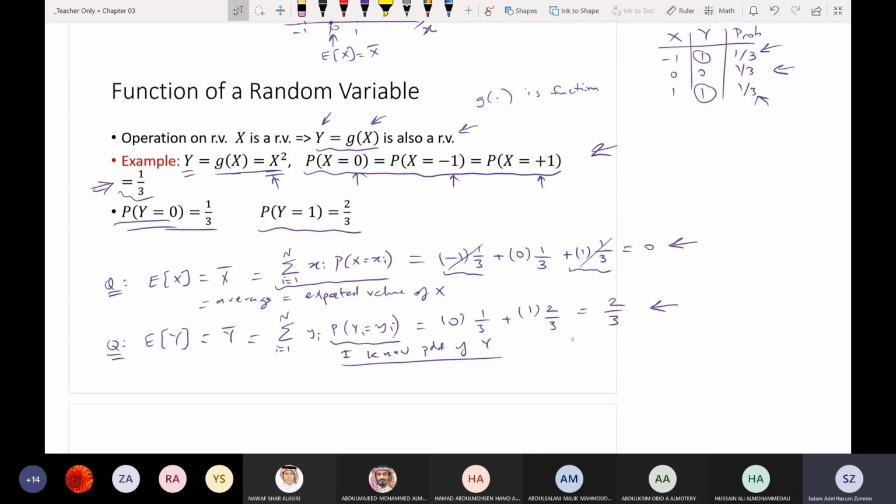Suppose that I don't know the PDF of y, and still I want the expected value of y. What do I do? I go to the definition of y. I just use the same expected value. I put x squared. خلينا ناخذها حبة حبة. Y equal g of x.